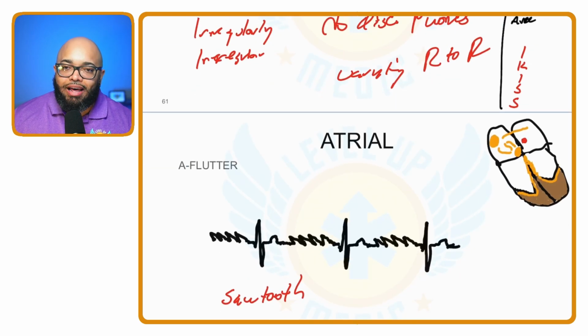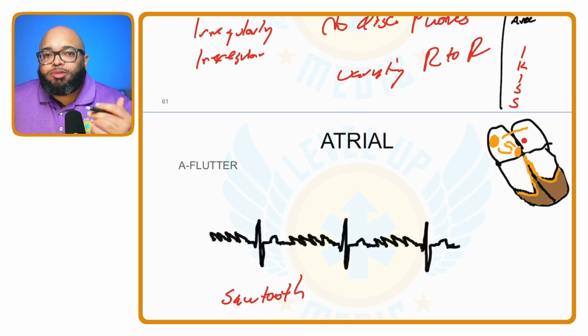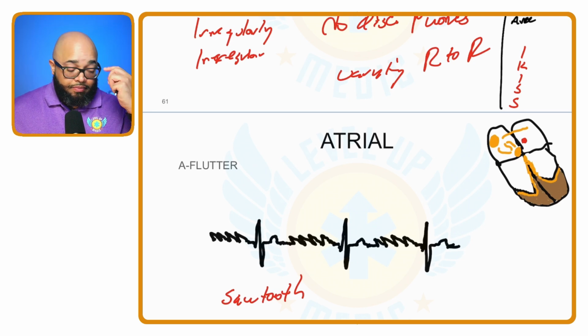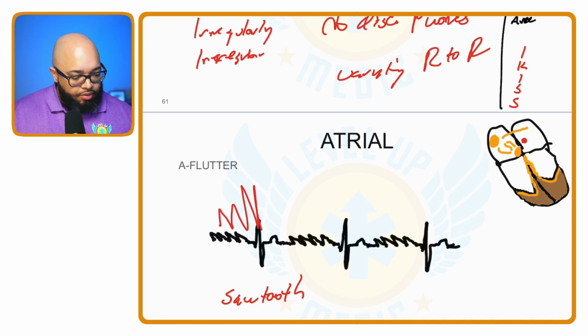However, in atrial flutter, the reason these waves all look the same is that it's one pacemaker responsible. It's like this one abnormal pacemaker that just keeps firing. That's why they all look the same. If it was multiple pacemakers firing, these would have to look different.